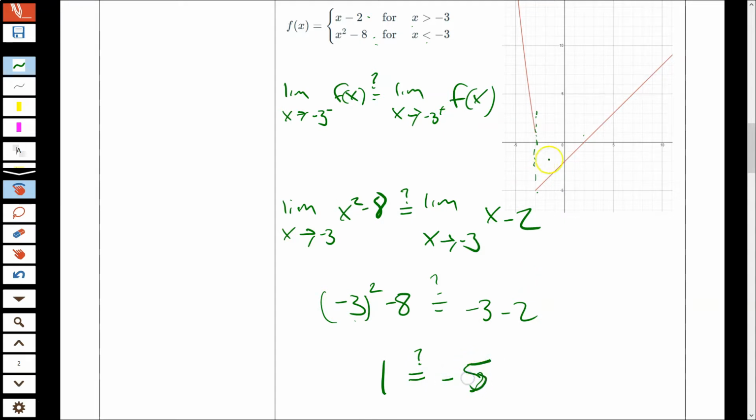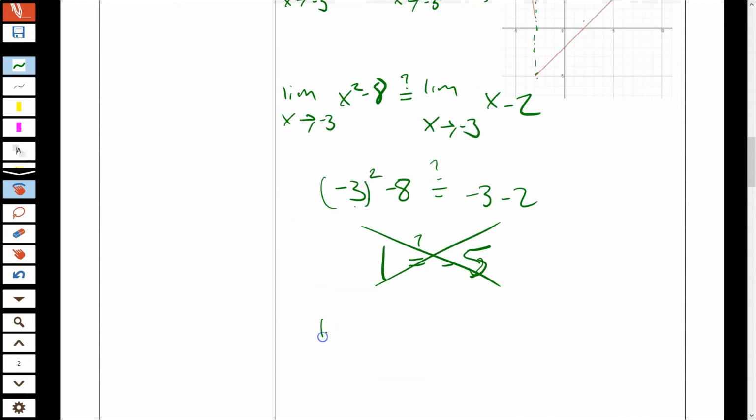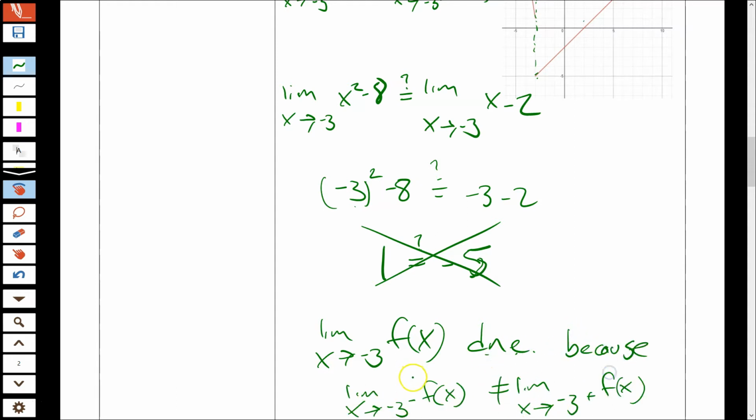And notice those are the same y values in the graph. This is not true, right? So we'd say that the limit as x approaches -3 of f of x does not exist because the left limit and the right limit are not equal to each other. Okay?